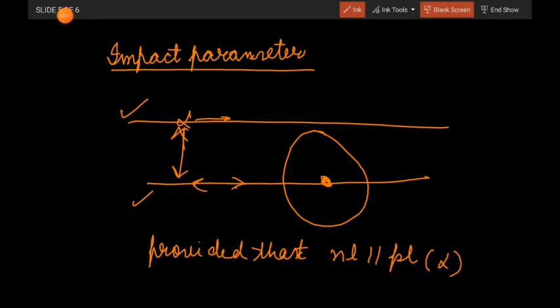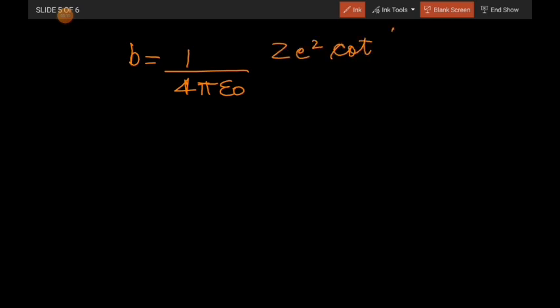This impact parameter is denoted by b, and the formula of this impact parameter is b equal to 1 upon 4 pi epsilon naught Z E square cot theta by 2 upon kinetic energy.